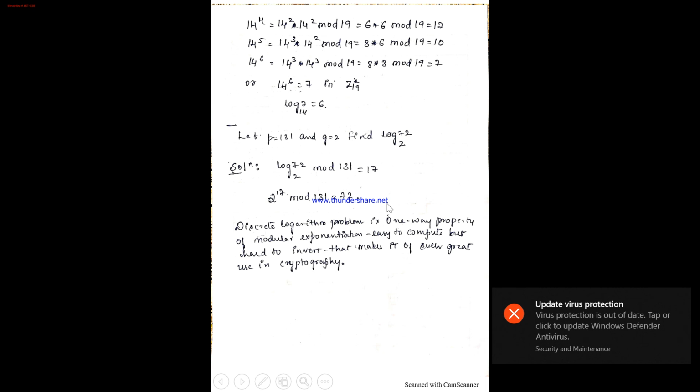Even if he has managed to get all these three values, getting this 17 is not an easy job. Here all are small values, so it works. If you take a very big prime number, it is not easy to get back this power. That is what we are trying to convey in the discrete logarithm. This complexity is taken as an advantage and incorporated in the Diffie-Hellman key exchange.